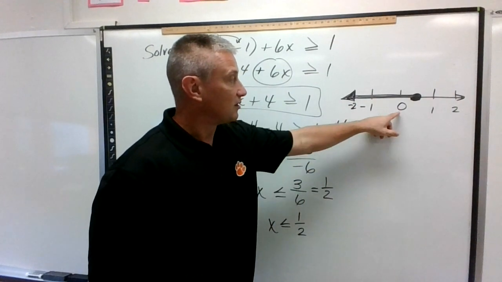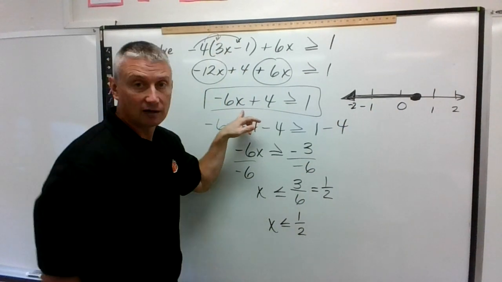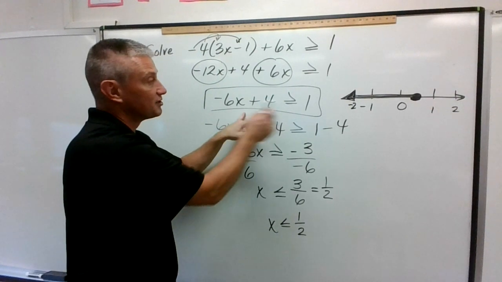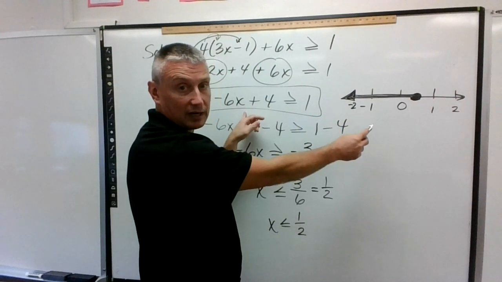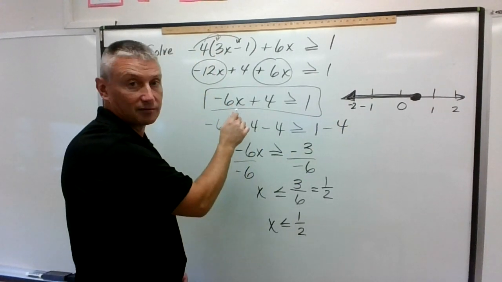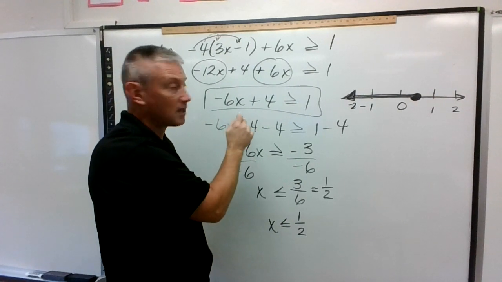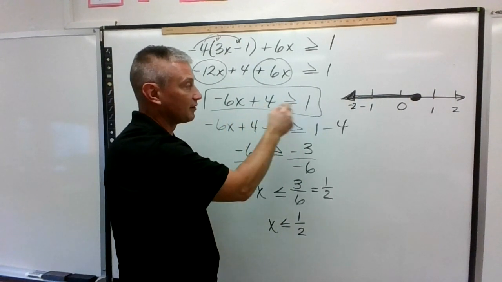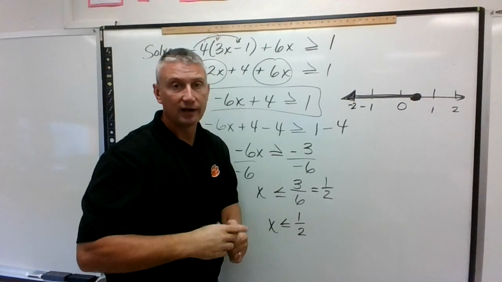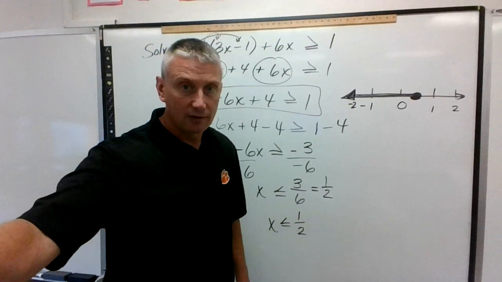So if you would like, you can put a number back in your simplified version. If I put a 0 in here, for example, that's part of the answers. Negative 6 times 0 is 0, and plus 4 is greater than or equal to 1, and that is true. So we know that this one is true.